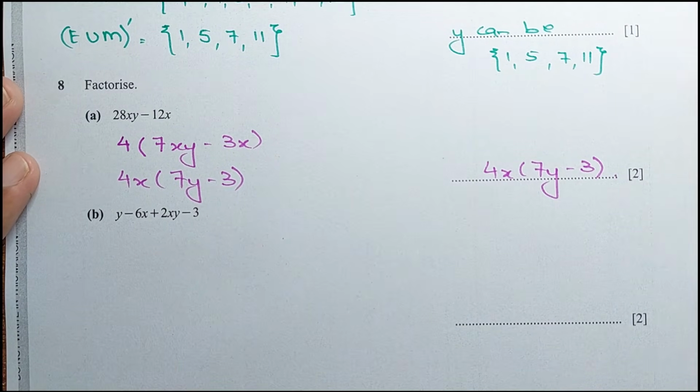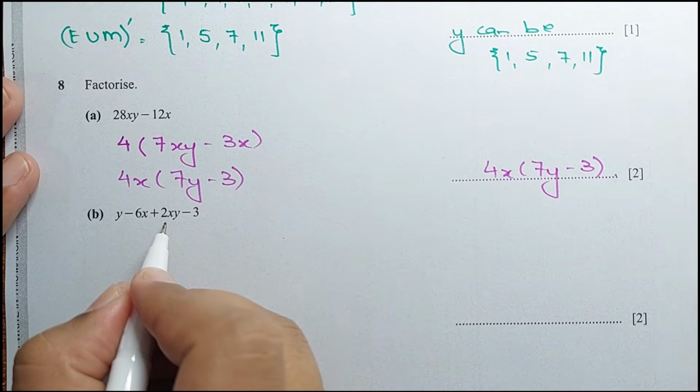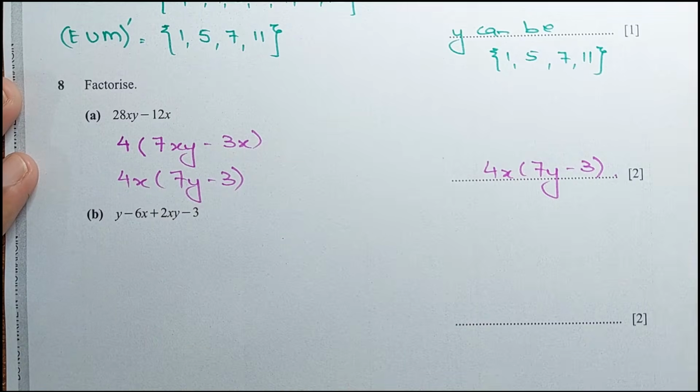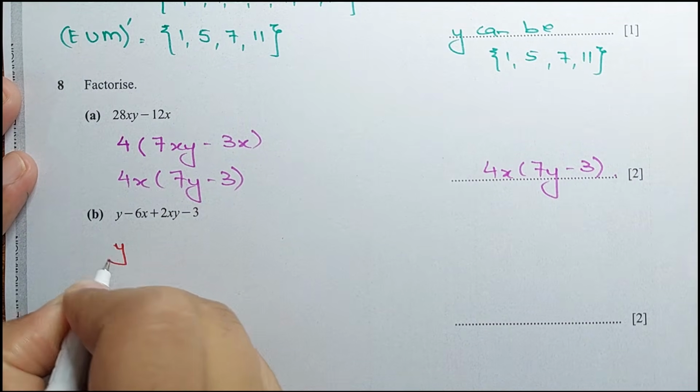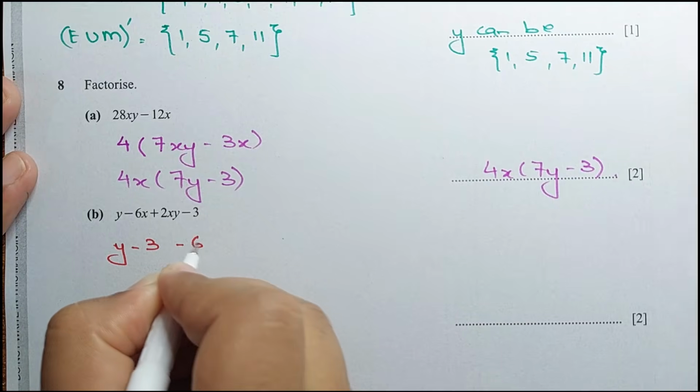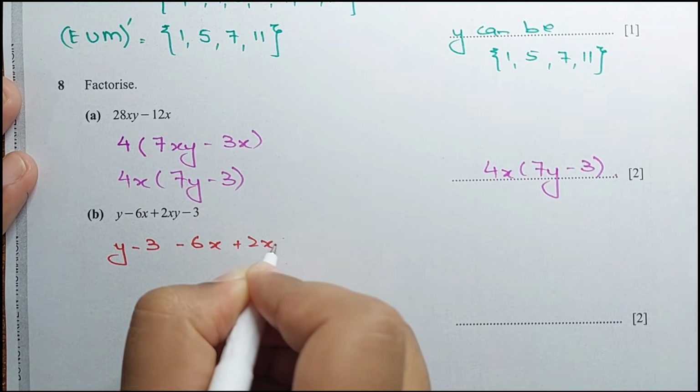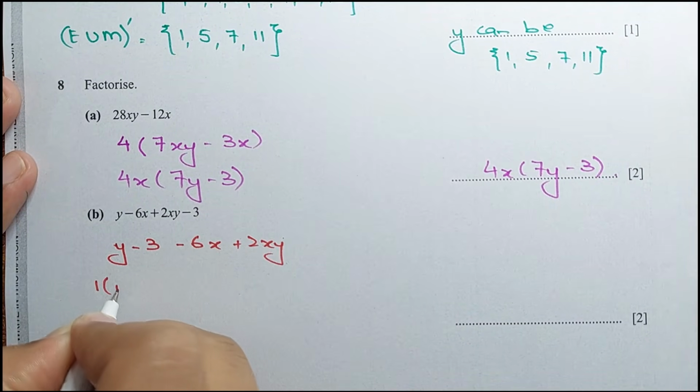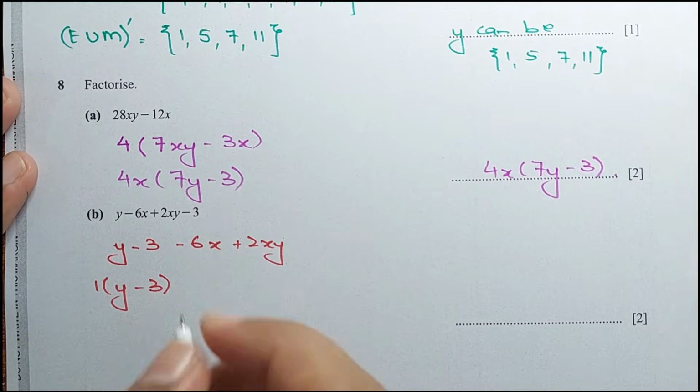Part B. Let me simplify first. Y minus 3 and minus 6x plus 2xy. So if I take 1 common, y minus 3 is left.